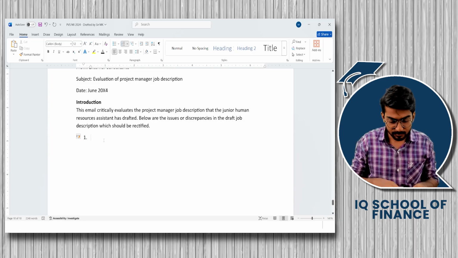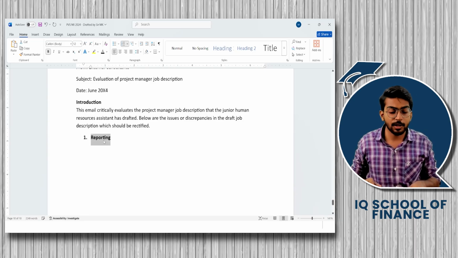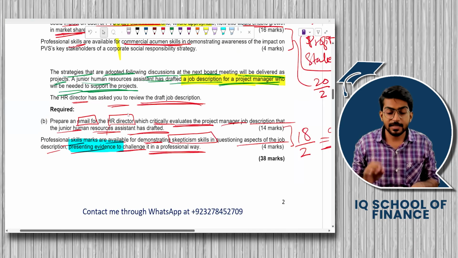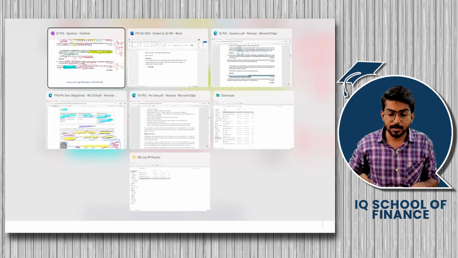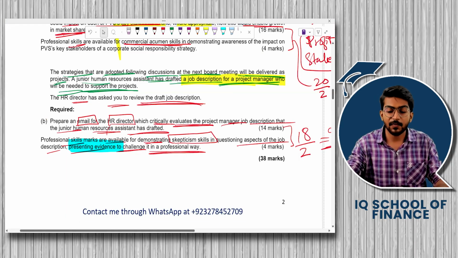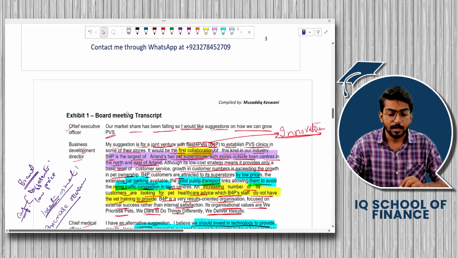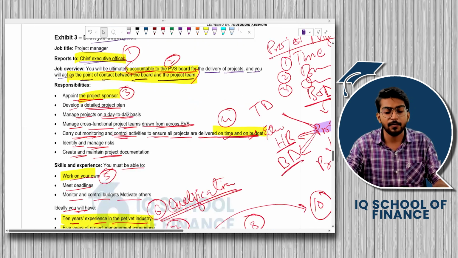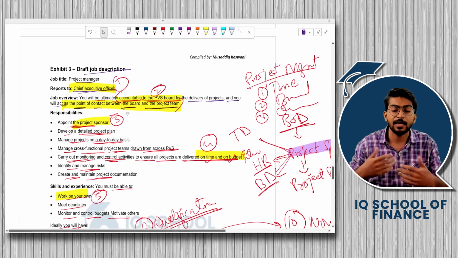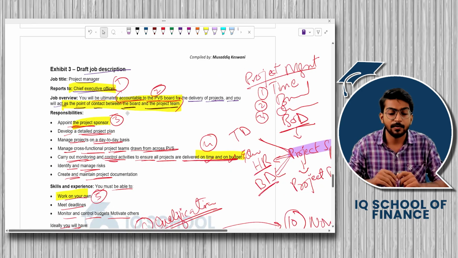Obviously, no. So the number one point was related to the reporting. And simply what we just discussed, I will be drafting this point and I need you guys to draft this thing as well in a very, very simple, very easy language, which we are discussing with each other, that what is the problem related to the reporting.